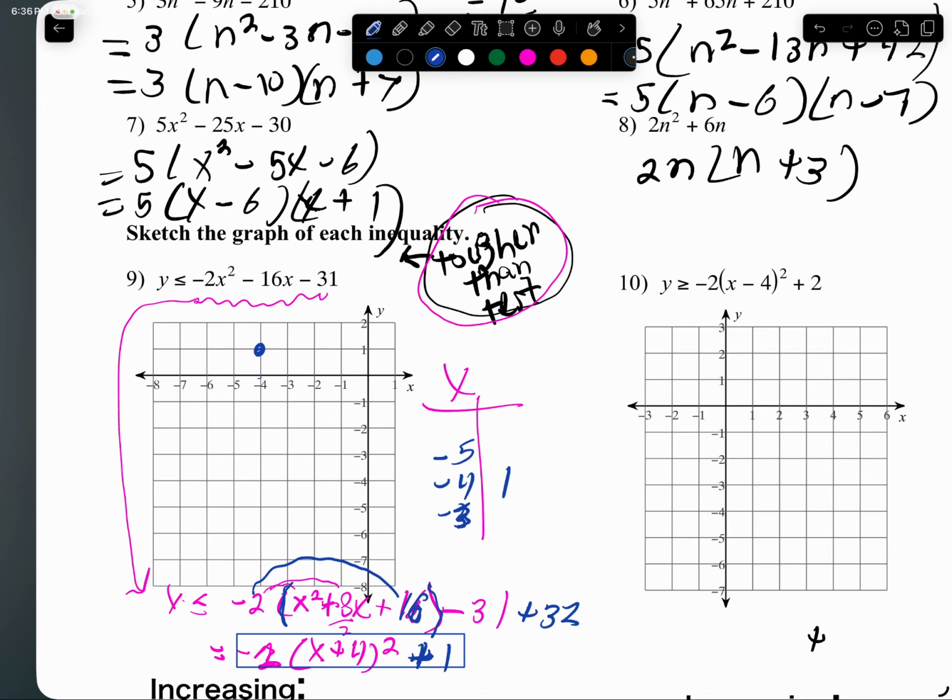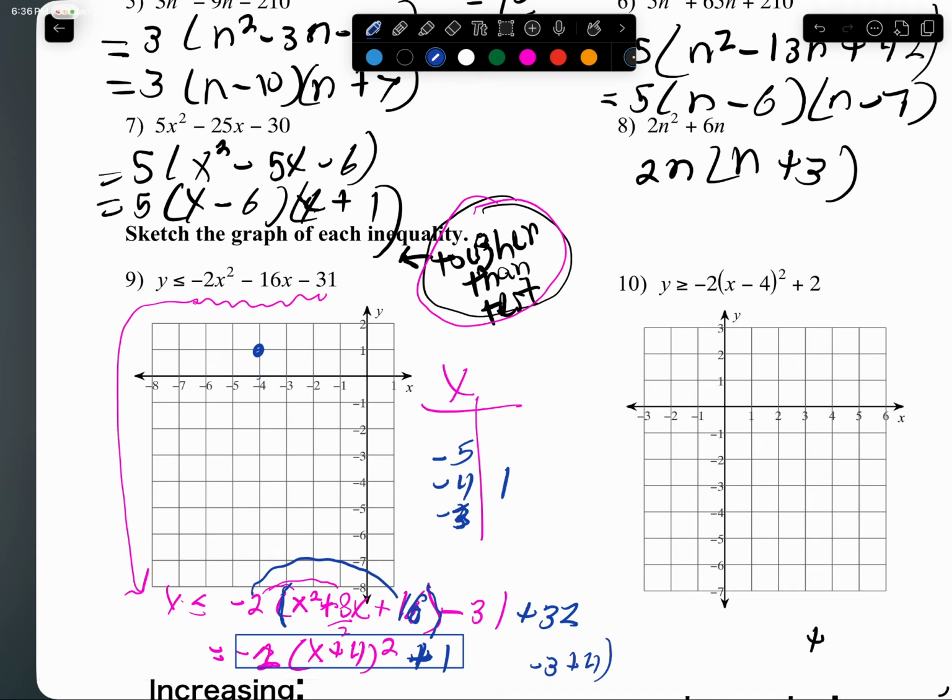If I put a -3 into the vertex form, I get -3 plus 4 squared, multiplied by -2, plus 1. So 4 minus 3 is 1, squared, times -2 is -2, plus 1 is -1. So -3, -1, down here.